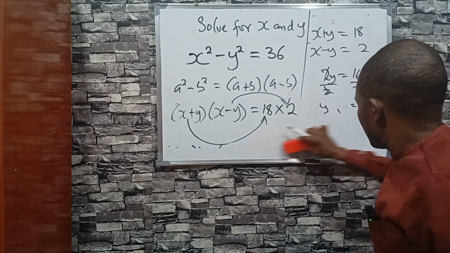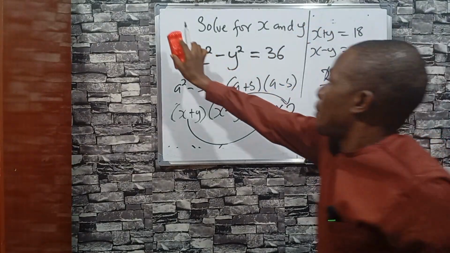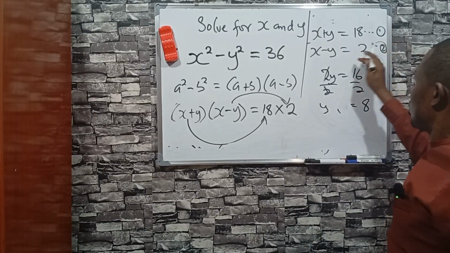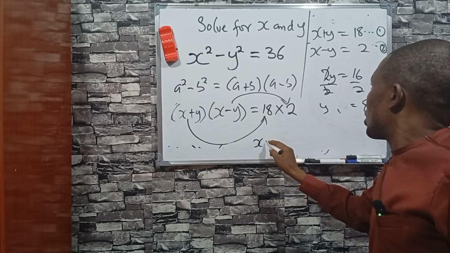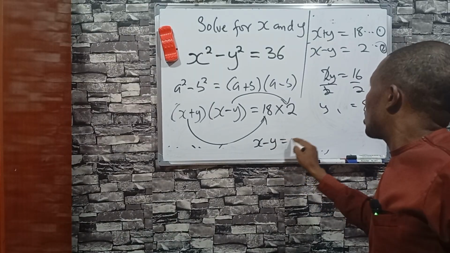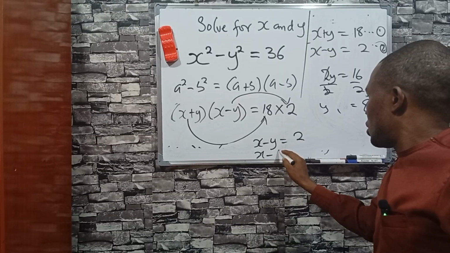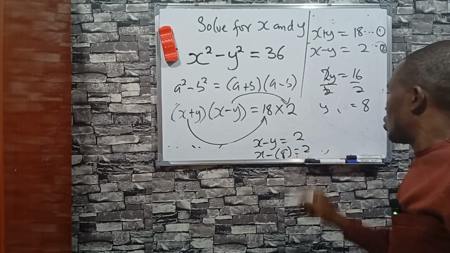Then for x, you can choose to use either equation 1 or equation 2, but I choose to use equation 2. You can use 1 and still have the same thing. x minus y equals 2. For x, y is 8 here, so x minus 8 equals 2.